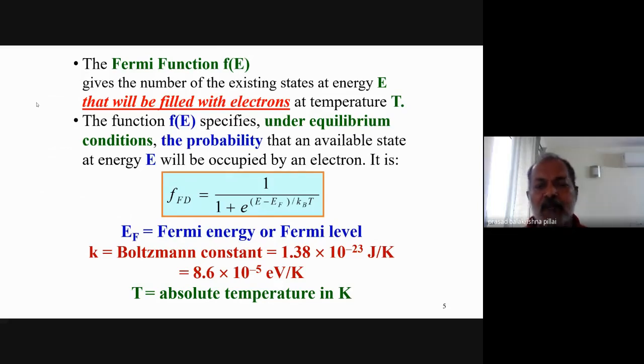It is given by this expression, which is defined around the Fermi energy EF, where k is a constant and T is the temperature. This is how the Fermi function is defined.